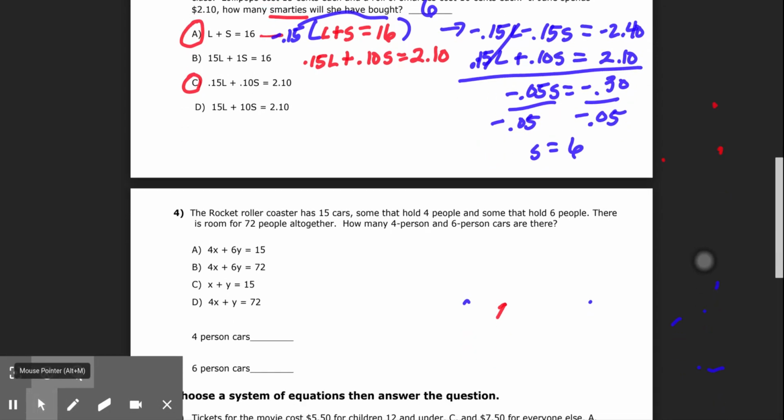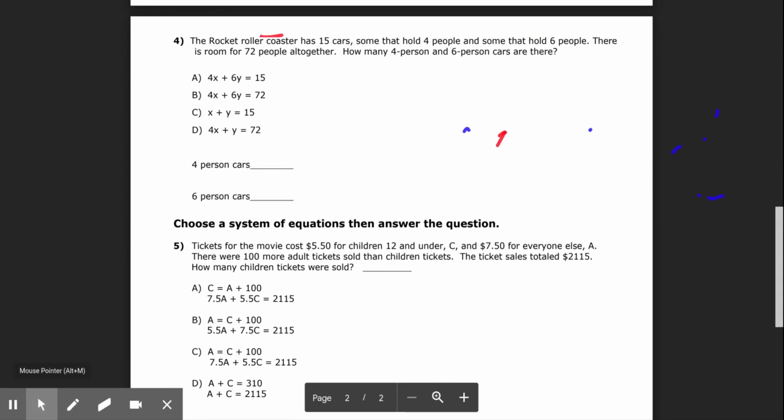All right, let's look over on the back side. And here it talks about roller coasters. All right, so on this one it says the Rocket roller coaster had 15 cars. Some that hold 4 people and some that hold 6 people.